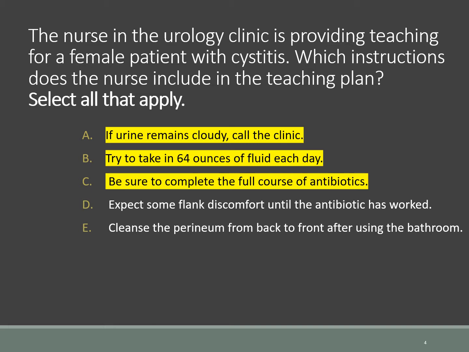The perineal area should always be cleansed from front to back, or as we say, clean to dirty, to prevent infection. Cystitis produces suprapubic symptoms. Now, flank pain occurs with infection or inflammation of the kidney. We call that pyelonephritis.